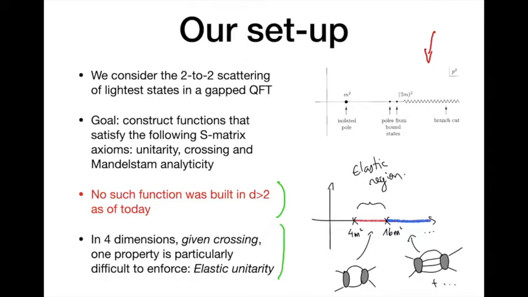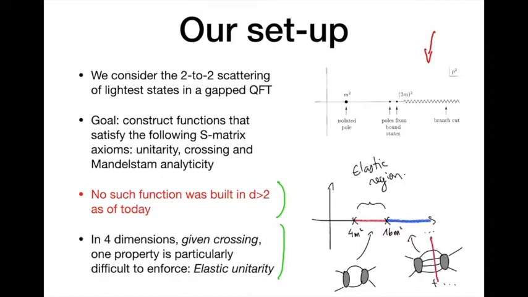And elastic unitarity, let me explain that in 2 different manners. So let's look at this plot here. We have this branch cut that starts at 4m squared. And if we have in mind, for instance, the pion S matrix, the next multi-particle threshold is going to be at 4 particles.